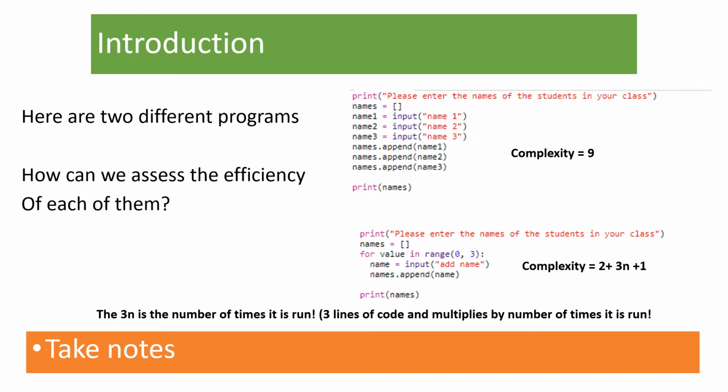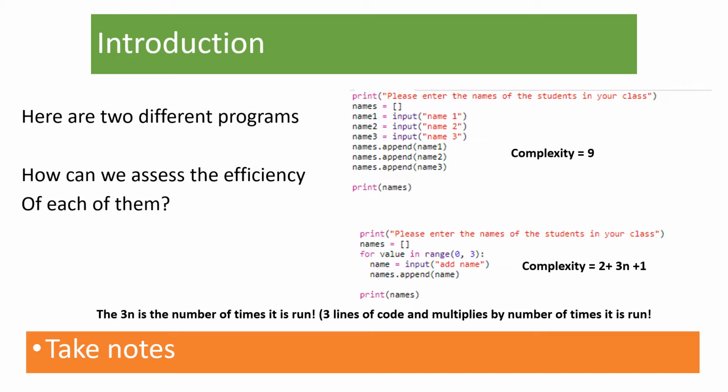Now this is fine when we've only got 3 inputs, but if we were to scale this program up to have 15 inputs, then we're going to significantly increase the amount of processing in both programs. But you'd imagine the complexity of the top program wouldn't change that much. We're only going to be adding an extra 30 lines of code.